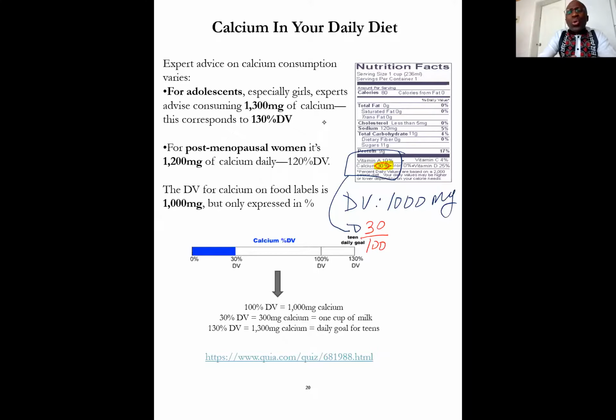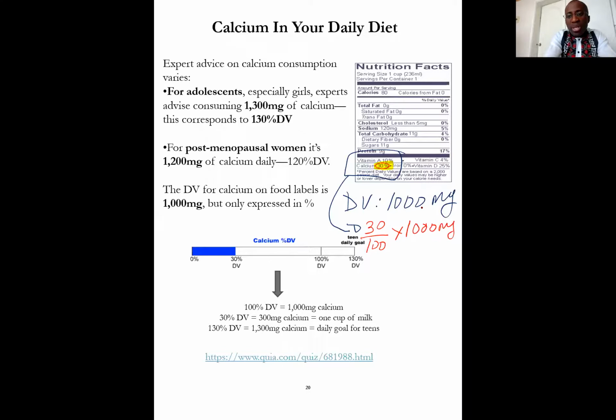So how much calcium did I eat? If you want to know how much calcium you ate, because daily value is how much you ate, here you just multiply by 1,000 milligrams.